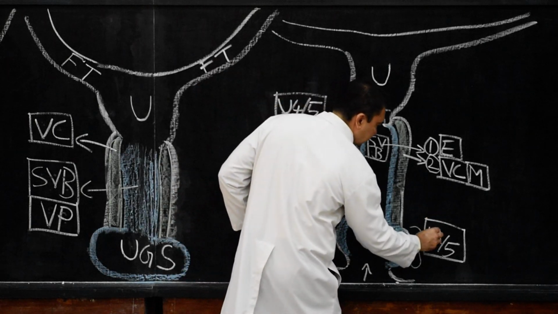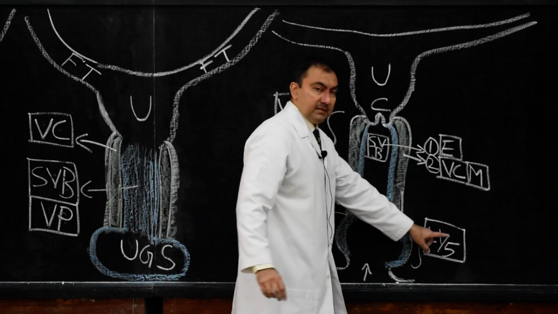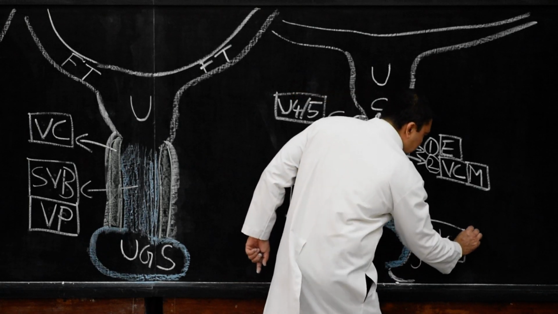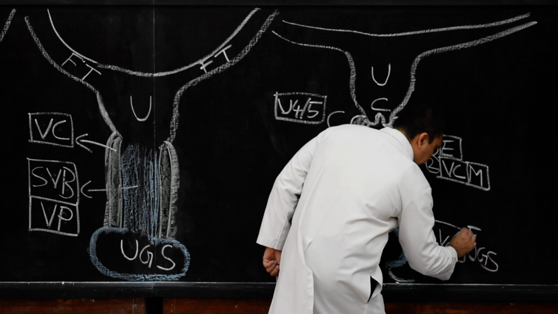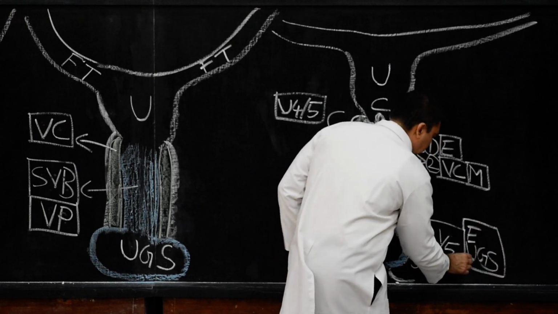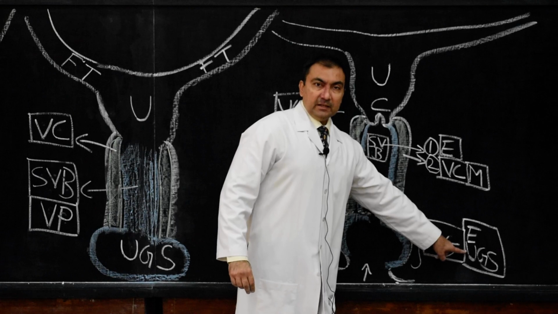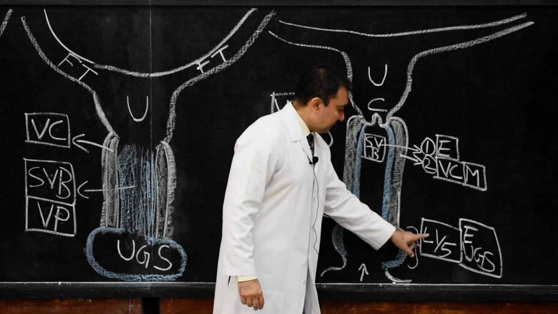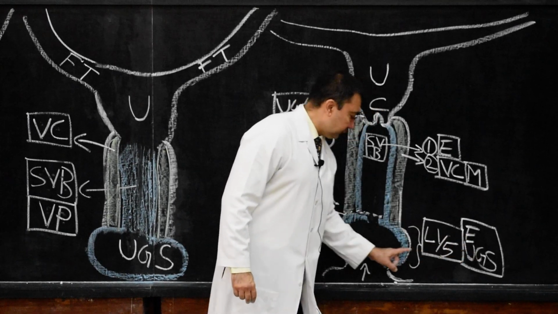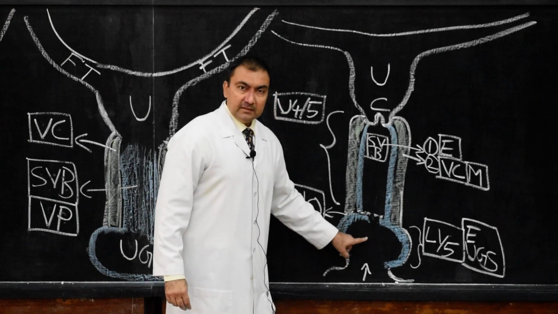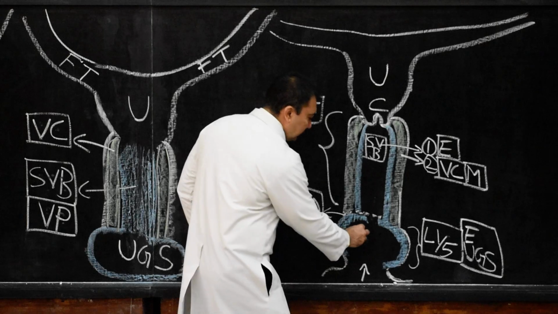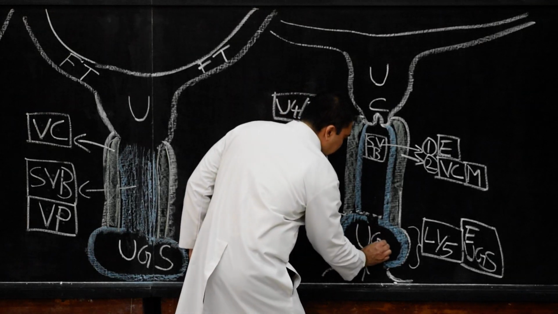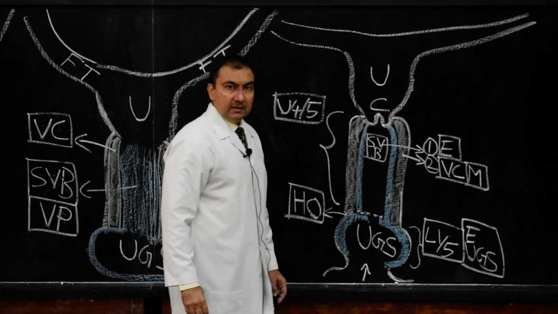So here I can write this, I hope this is visible. The lower 1/5 is formed from the endodermal cells of the urogenital sinus.